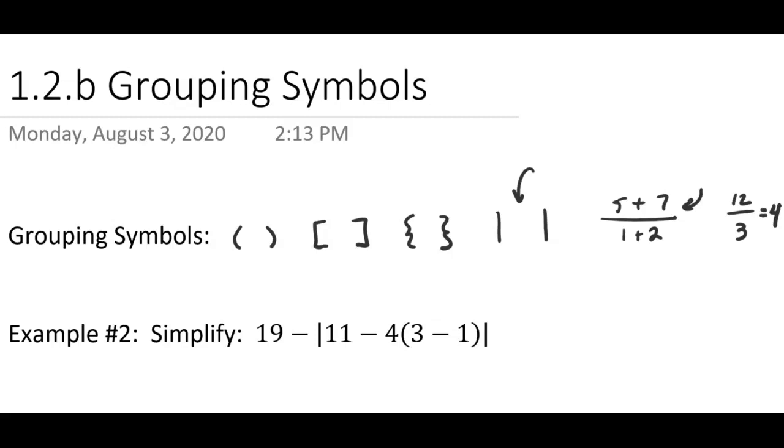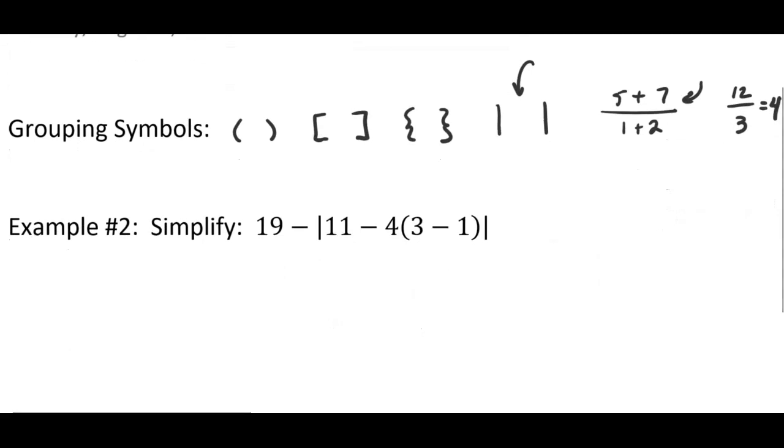Okay, so we have an example here. It says simplify, and this is a numeric expression. So what we want to do is follow the order of operations, but we also have to take into account the grouping symbols. So we see two grouping symbols here. We see absolute value. There's the absolute value bar and the other one's over here.